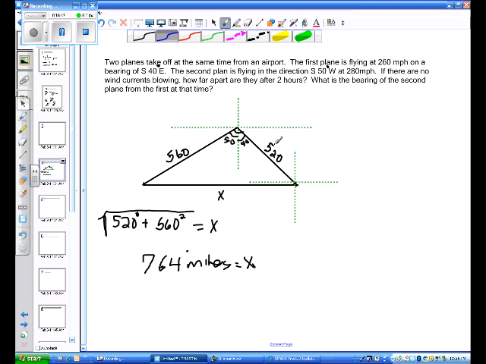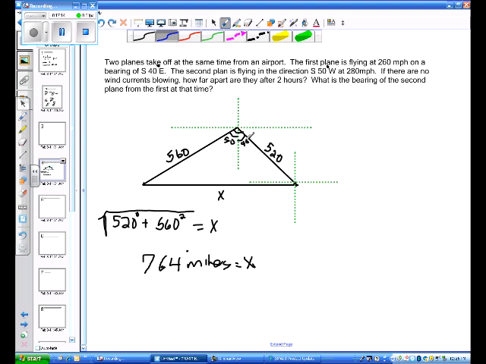And we use a lot of the parallel lines cut by transversals. So we know we have a north-south line here and a north-south line here. So from south to the line is the same as the line to north.